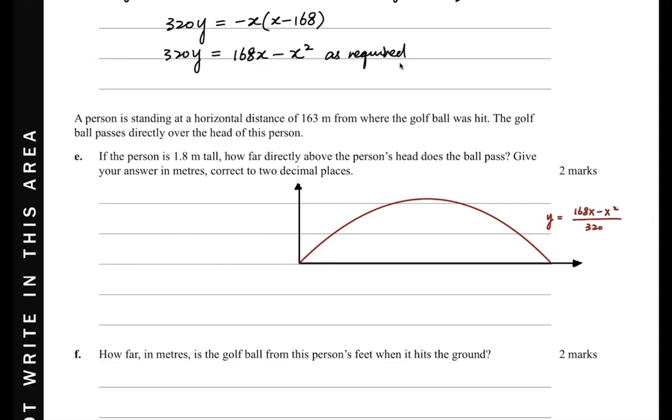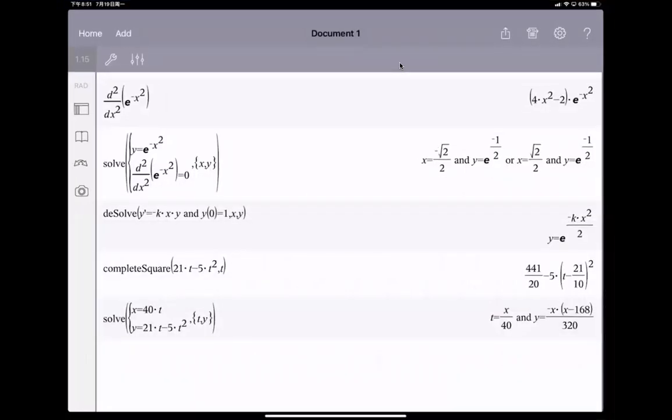So the person is here. He is 1.8 meters tall. We want to find the difference here. This point has an x coordinate 163, but we don't know the y coordinate. So we sub in 163. y of 163 equals, let's use my CAS calculator.